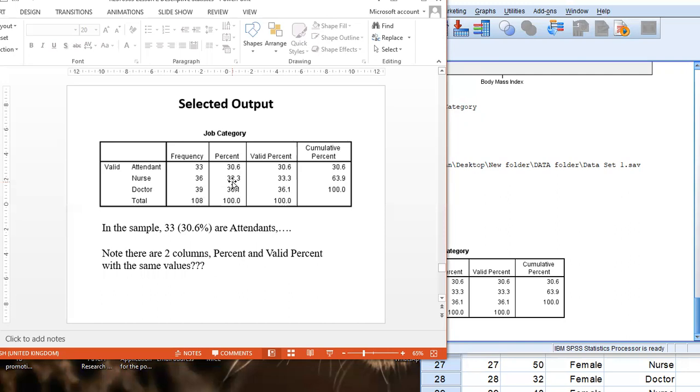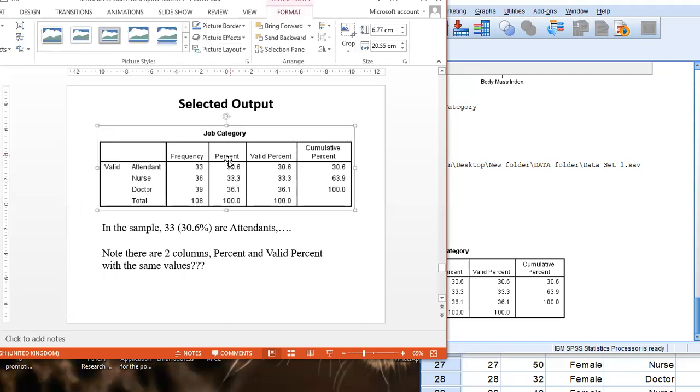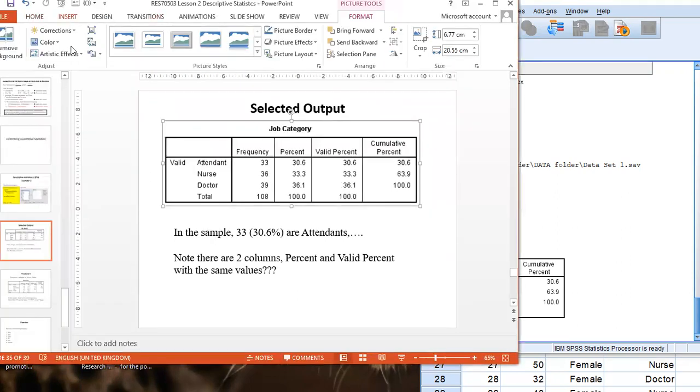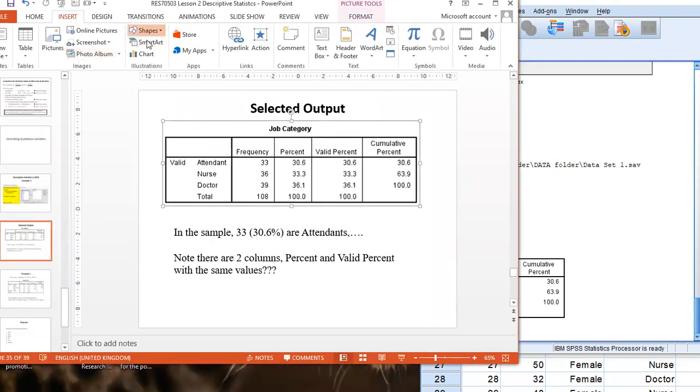Now, note this. Why are these two columns, percent and valid percent, the same? Yes, because the 100% can be classified for the three jobs. But why must you have two?